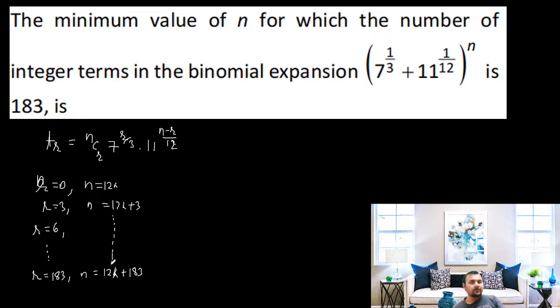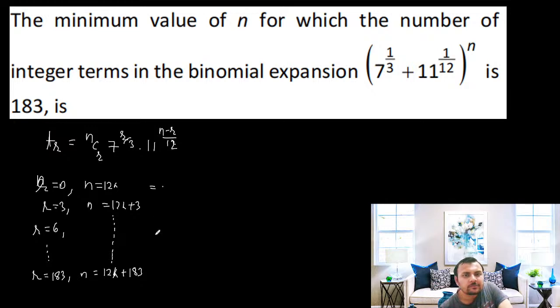So if we put lambda equal to 0, so r is 0, n by 12.